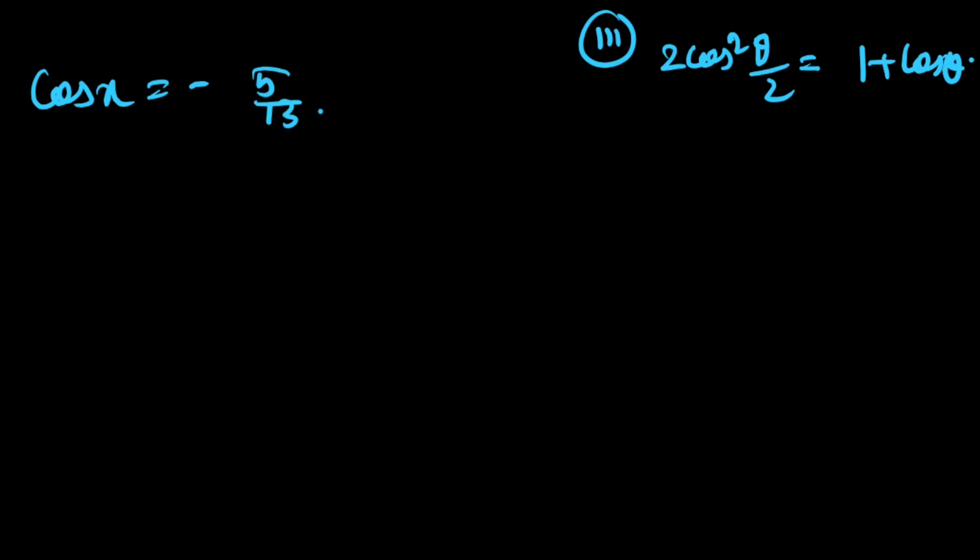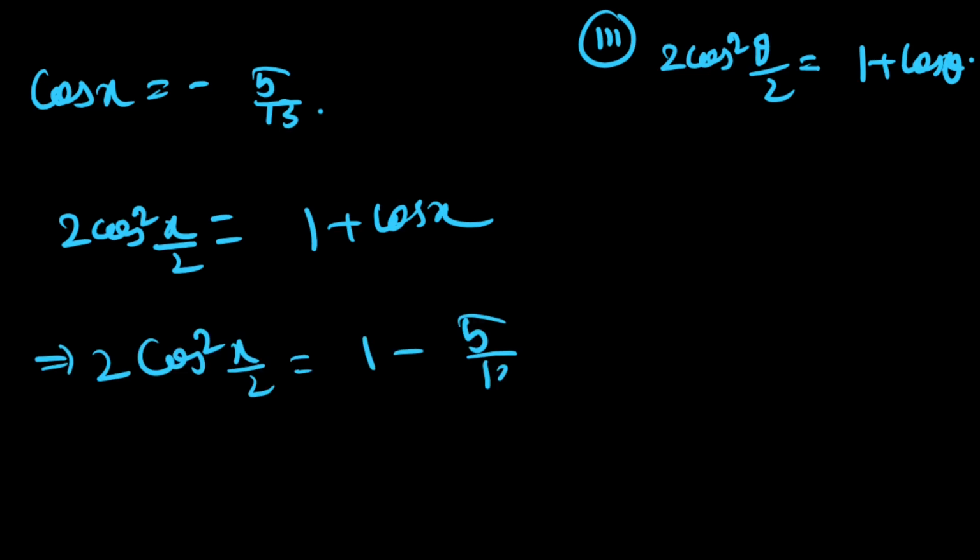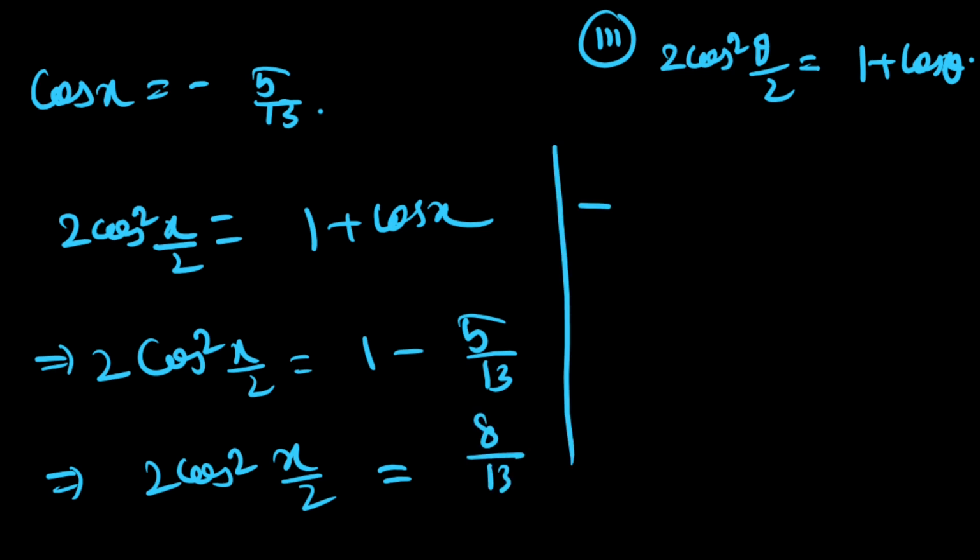So 2 cos squared x/2 is equal to 1 plus cos x, that is 1 minus 5 over 13, which is 8 by 13. Therefore cos squared x/2 is equal to 4 by 13.